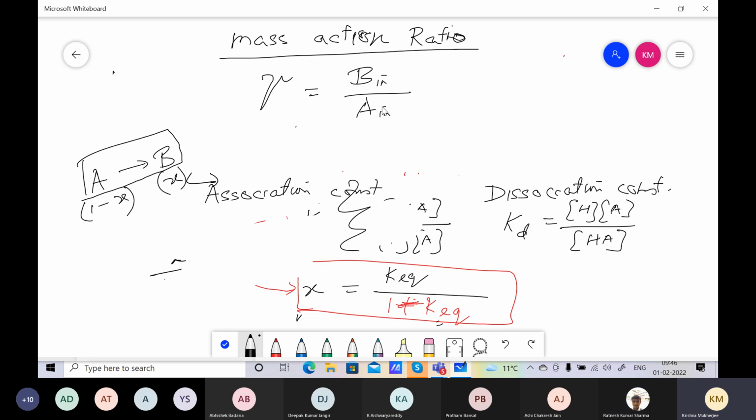Okay. Now the mass action ratio is B in upon A in, and remember what K equilibrium is. That is given by the K equilibrium.